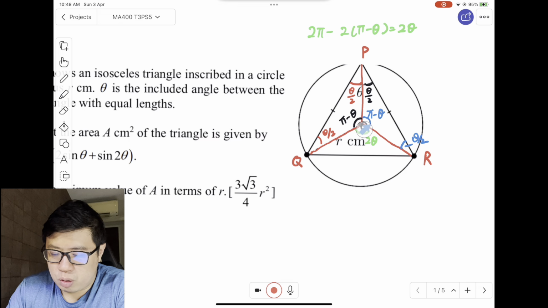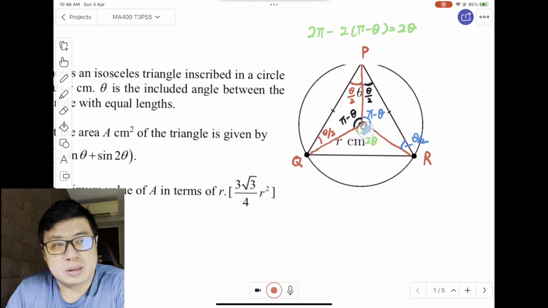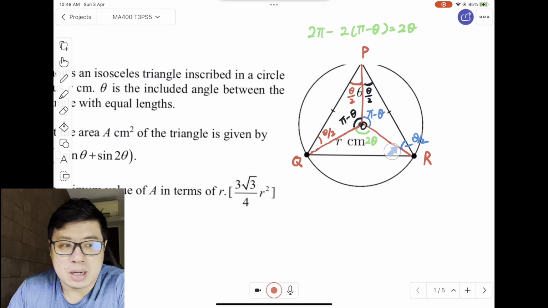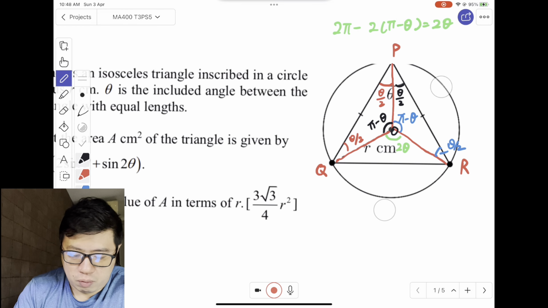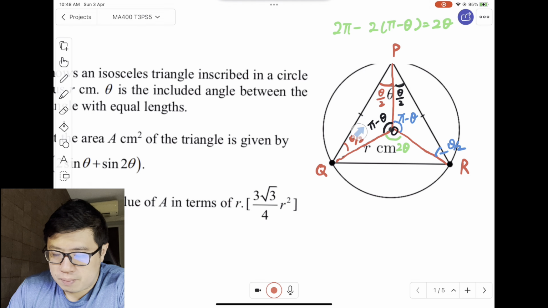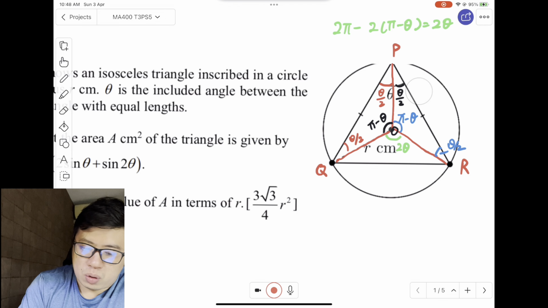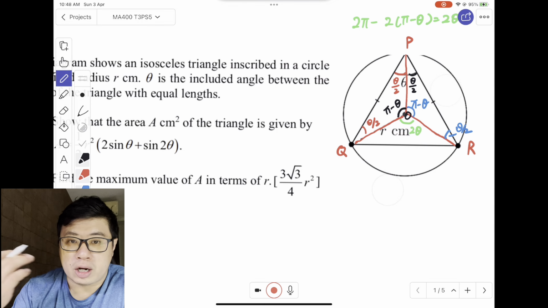With this triangle OQR, you can also see that it is an isosceles triangle, and these 2 angles should be the same. So with that, more or less we have what we need, and from here we are going to calculate the area of the triangle one by one.